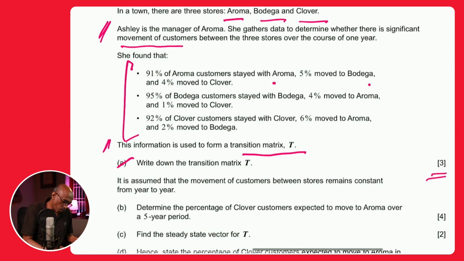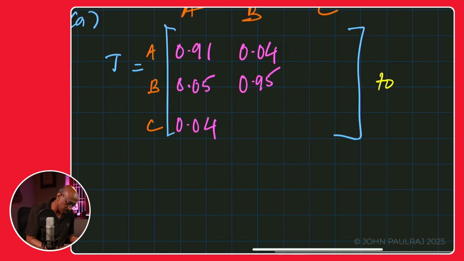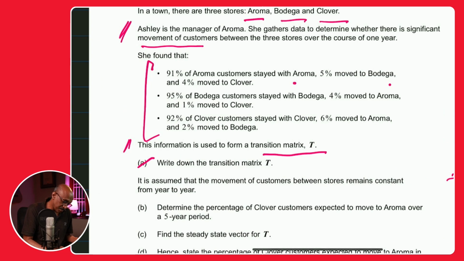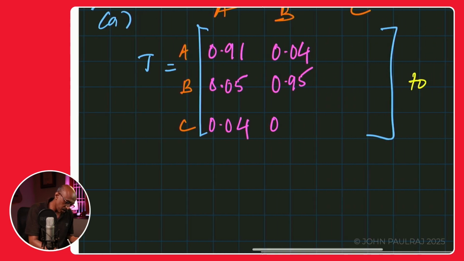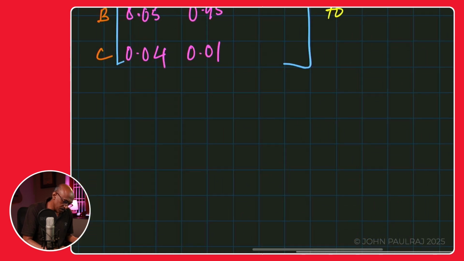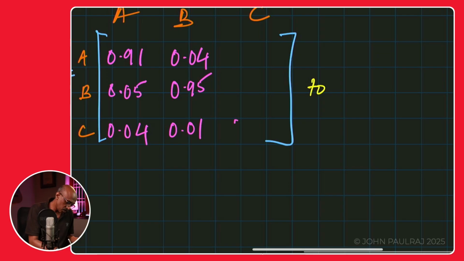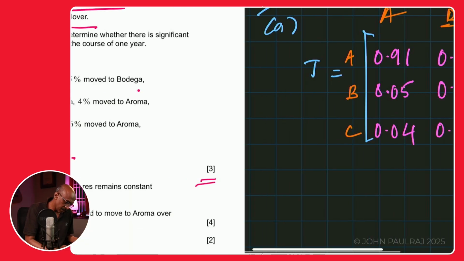Then what do we have? 4% moved to Aroma, 0.04 out here. And 1% moved to Clover, 0.01. What about Clover? 92% of Clover stays with Clover. Did they say 90 or 92? 92, so 0.92 is here.